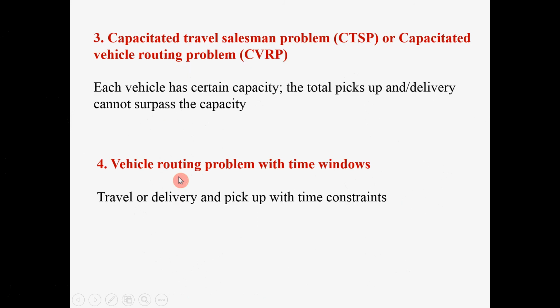In addition, there is also the so-called capacitated traveling salesman problem. Not only do you need to consider minimizing the travel distance or travel time, but at the same time you need to consider the amount of delivery. When you drive a vehicle, the vehicle has a certain capacity to hold the merchandise to be delivered. Different consumers may require different amounts of delivery, but a vehicle's capacity may be limited.